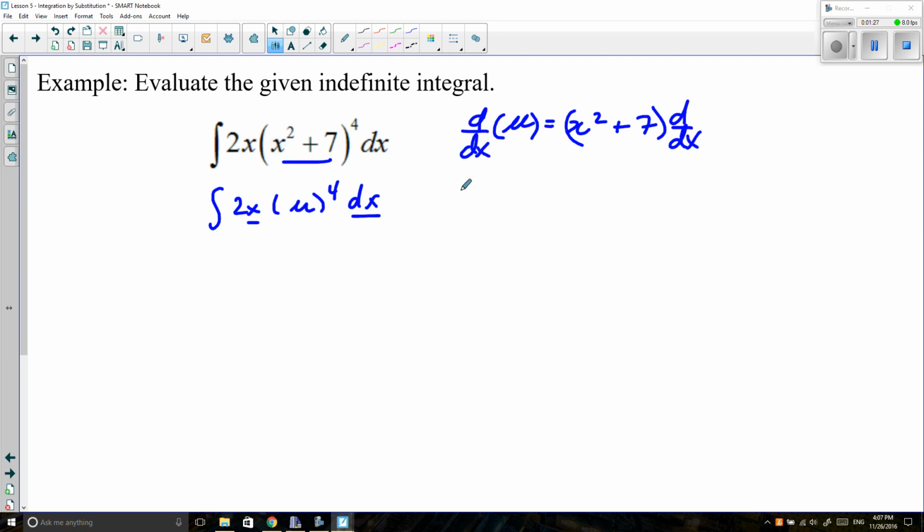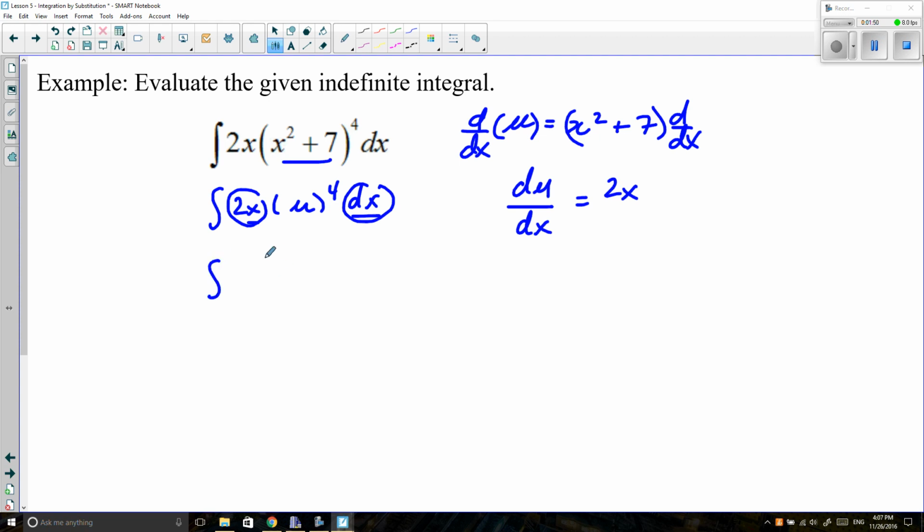The derivative of u with respect to x is du/dx, and the derivative of x squared is 2x, and the derivative of 7 is simply 0. Once again, I'm trying to rewrite 2x dx in terms of u.